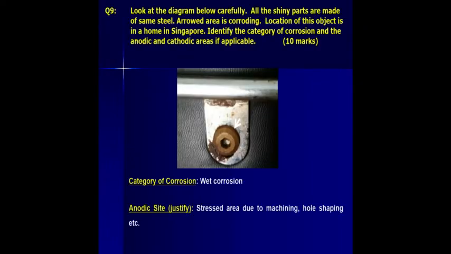And the shiny area is cathodic. The one which is not corroding is cathodic always. They are all interconnected. All right, so this is all you have to write. You don't have to write anything beyond that in your quiz 2 and in the final exam.